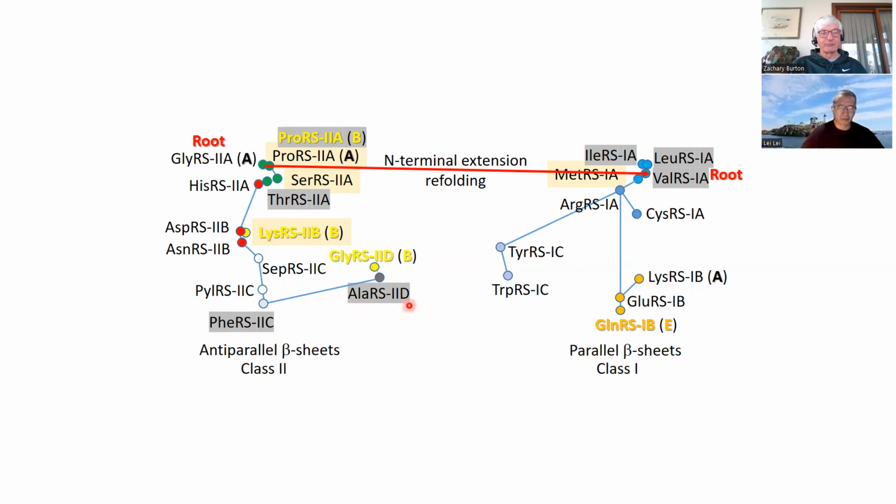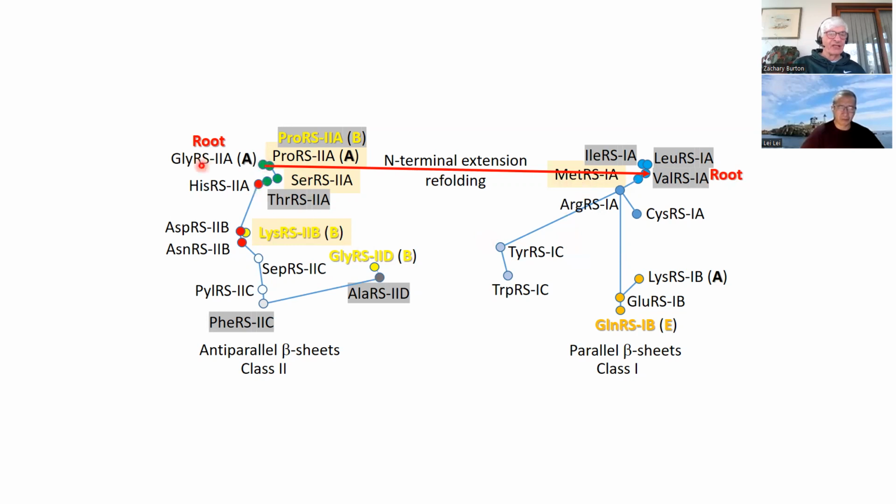And that's in a separate editing active site. The ones that are shaded this color here have some kind of editing functions in their synthetic active site. The synthetic active site is the one that adds an amino acid to the tRNA.